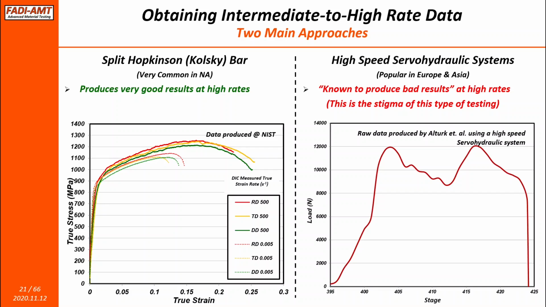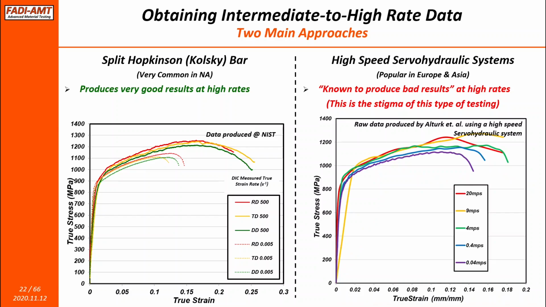And we will borrow some of our earlier results, especially the bad ones, to show basically what you could potentially see, or what you know from the literature, that the data is not necessarily good. So we will come back and address this issue, but this is a main technical issue. And there are so many people that I've spoken to who do not believe in high-speed servo-hydraulic systems because of this. They consider them a waste of time and money because they're not good. And hopefully we will change that today.